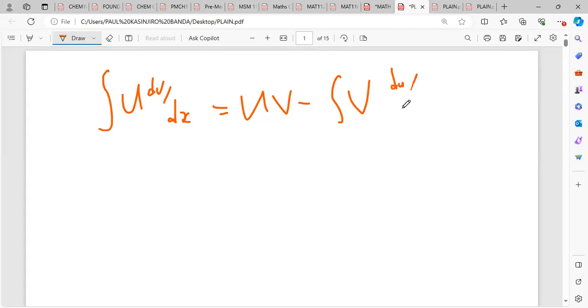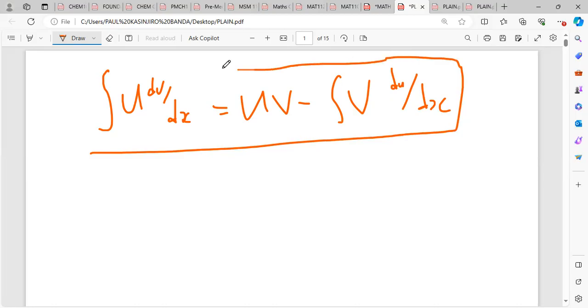So this is the formula for integration by parts. Even that other question, the one where I used the other method, you can still use this formula. So where are you going to get the u?